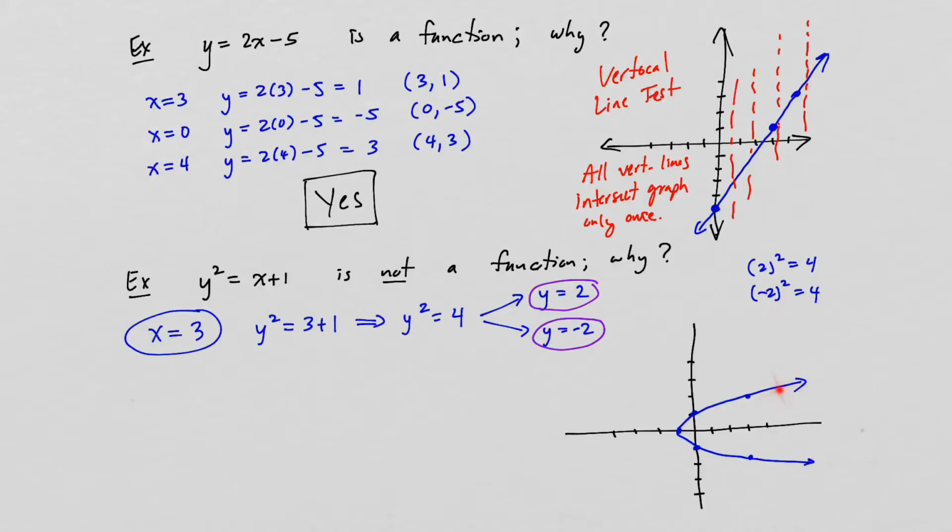Notice that the graph goes sideways like this, and in particular, notice that if you draw a vertical line here, you will hit the graph more than once. If you hit the graph more than once when you draw a vertical line, that means the graph does not represent a function. So, this is not a function.